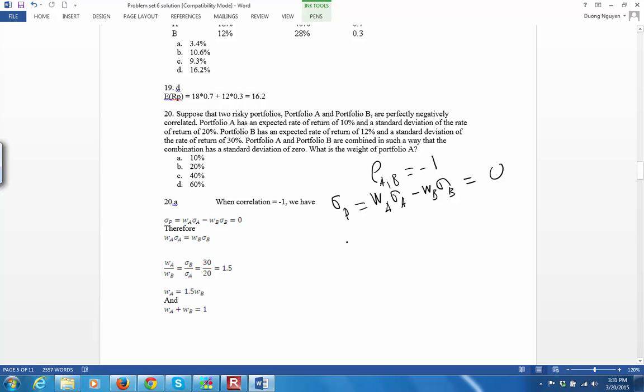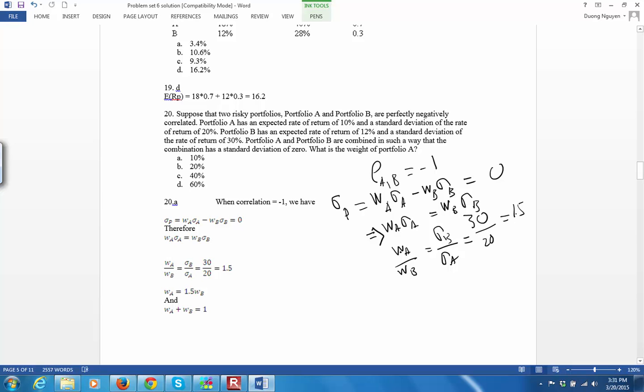From here, w_A times sigma_A equals w_B times sigma_B. So you have w_A over w_B equal to sigma_B over sigma_A, and sigma_B, which is 30%, over sigma_A, which is 20%, equals 1.5.